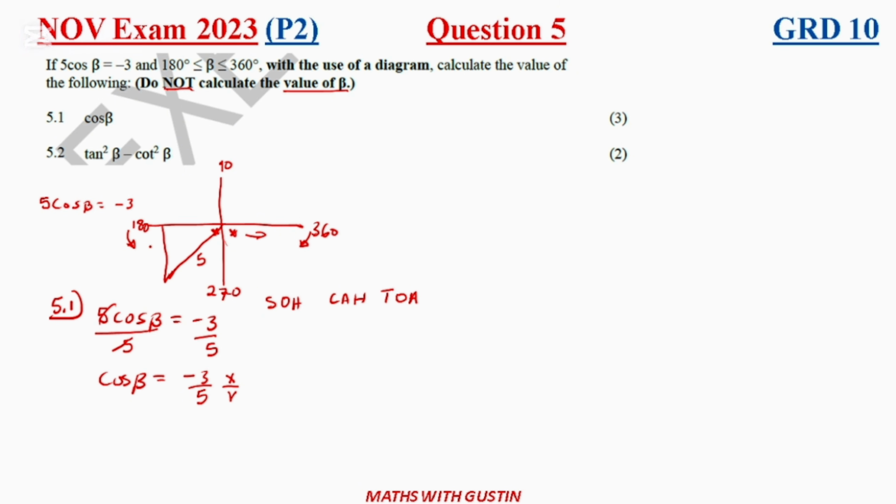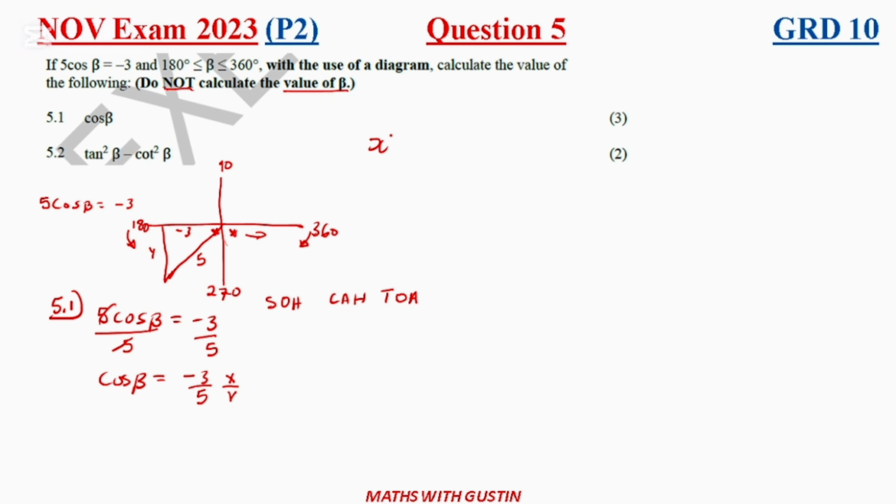Hypotenuse is 5, x is negative 3. Negative 3 is there, but we don't have the y value. Are we going to need it? Yes, we are going to need the y value, especially when we go to the next question. So we need to use Pythagoras theorem first to find the y value.